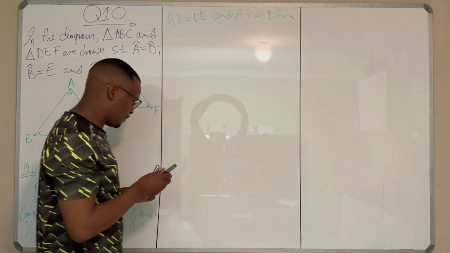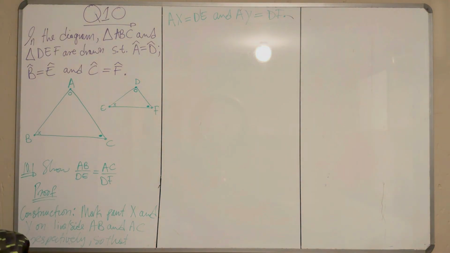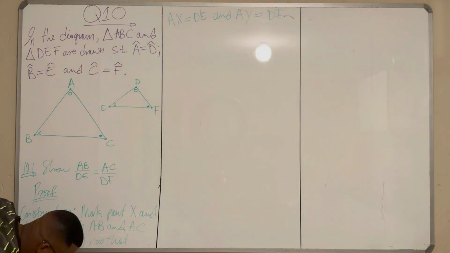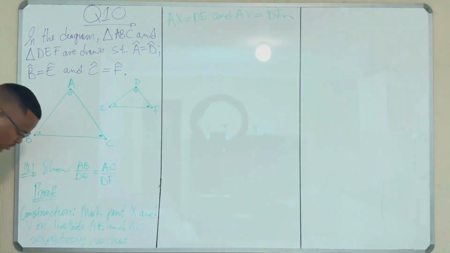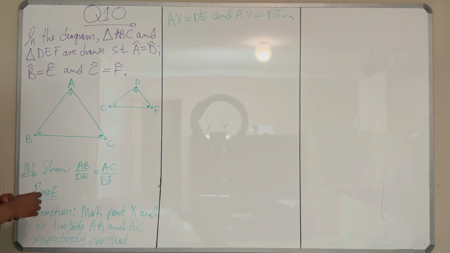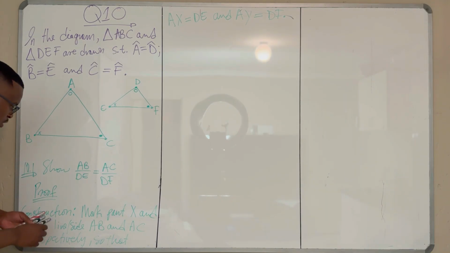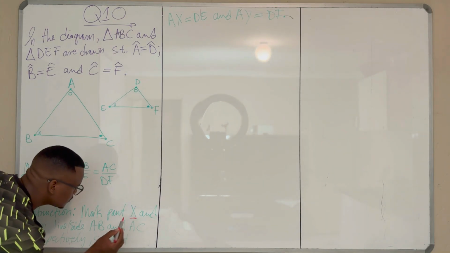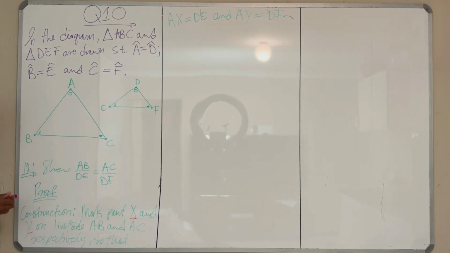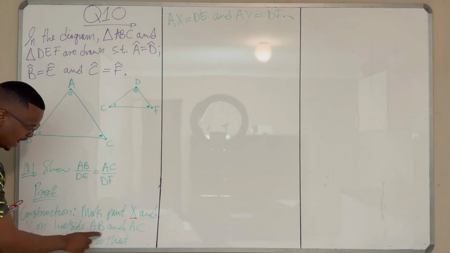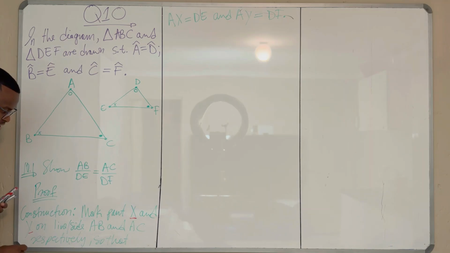So what I'm saying is I'm going to mark point X and point Y on sides AB and AC respectively. So what does this mean?